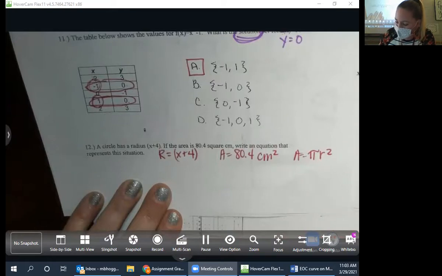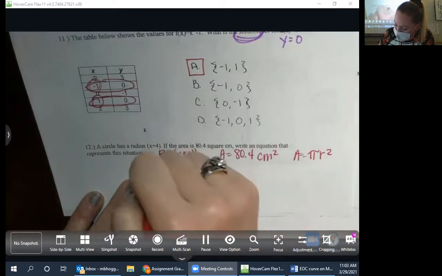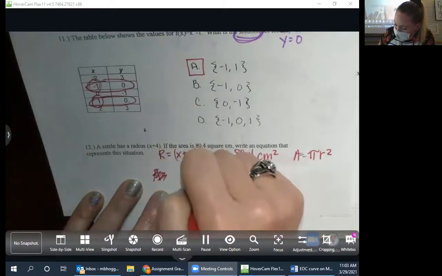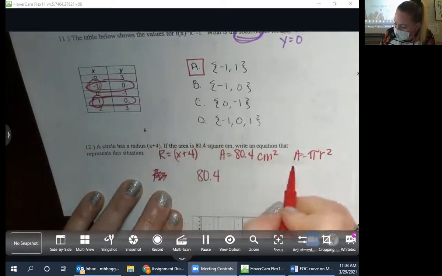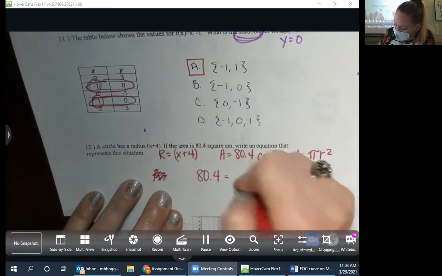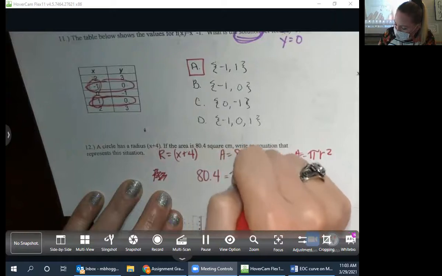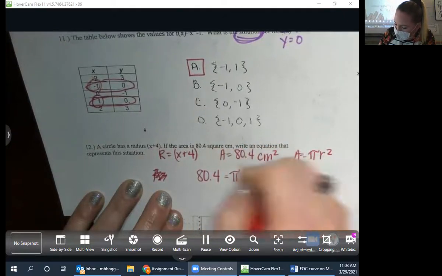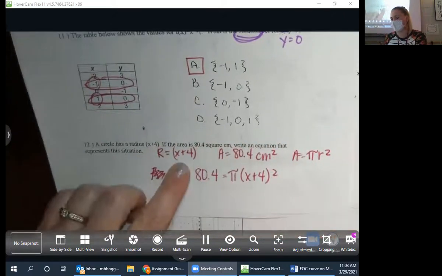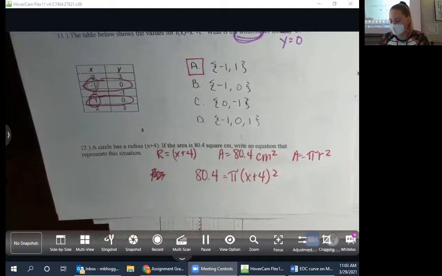Does that sound familiar? Hopefully. So we're just going to put in what we know. 80.4, your area, equals pi times x plus 4 squared. All I did was substitute what I knew for the radius into the equation. You don't have to solve it.